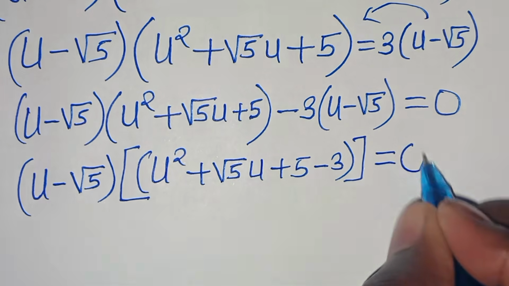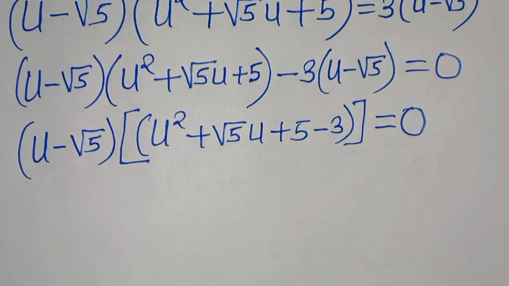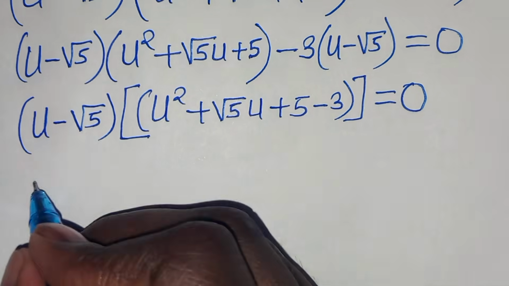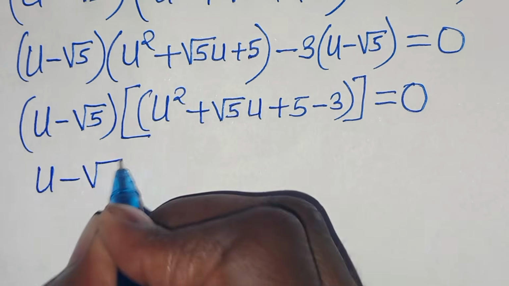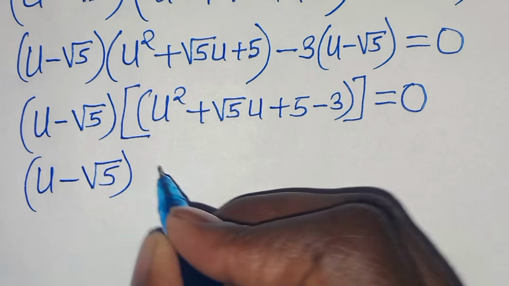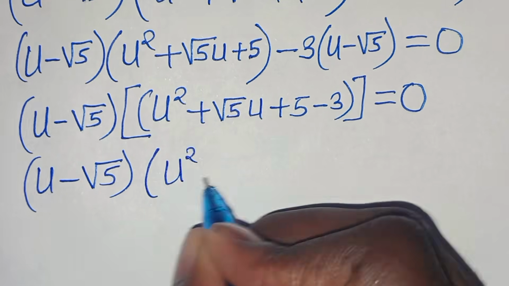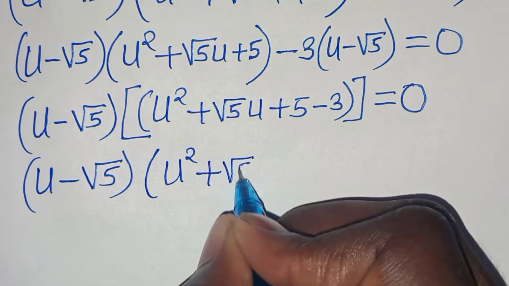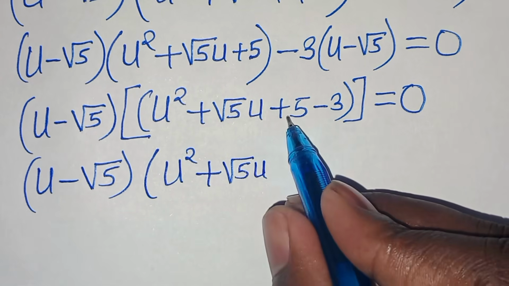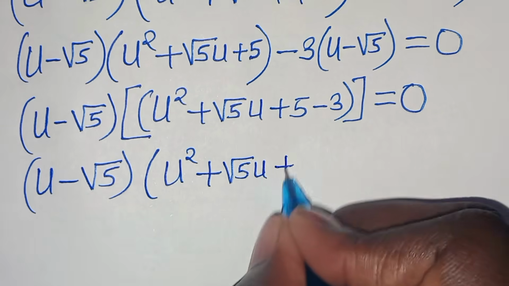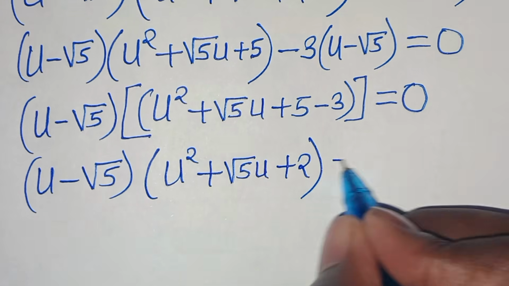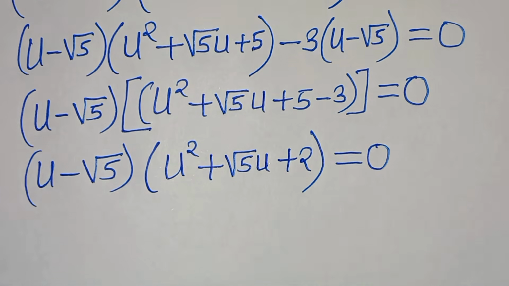This is equal to 0. So this is u minus square root of 5, then here we have u squared plus root 5u, then we have 5 minus 3. This is plus 2, close the parentheses. This is equal to 0.